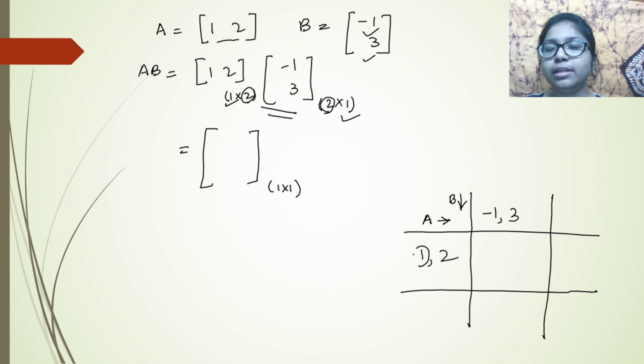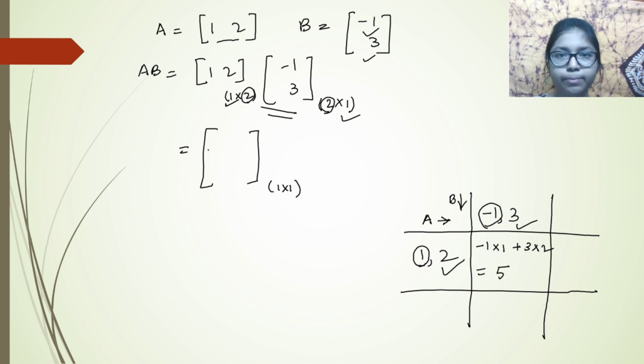So first element will be multiplied with first element plus second element into second element. So -1 into 1 plus 3 into 2. What it will give? 3 sixes are 6, minus 1 is 5.